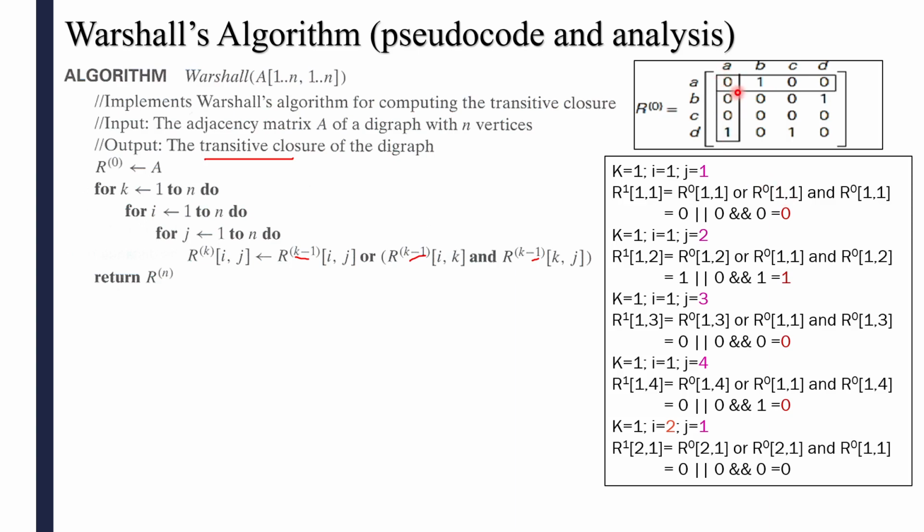This is your first row and this is your first column. The value is 0, and it is also 0. If both are false, then the result is false. If you are using OR and both are 0, you take that as false. So you will get the first row, first column of R1 as 0.